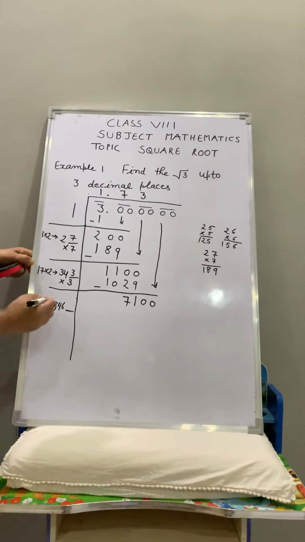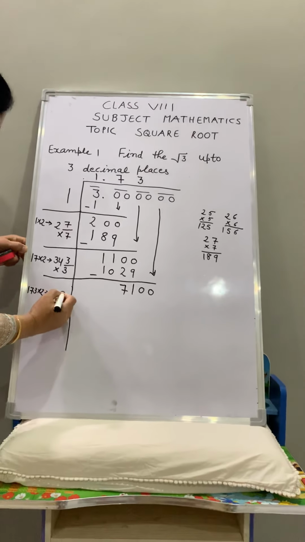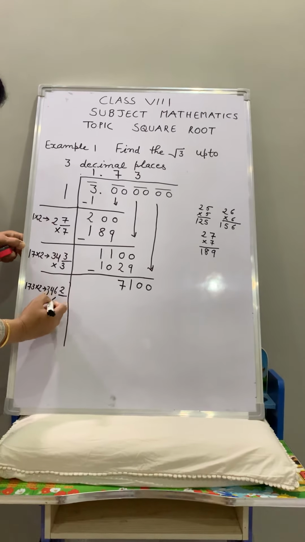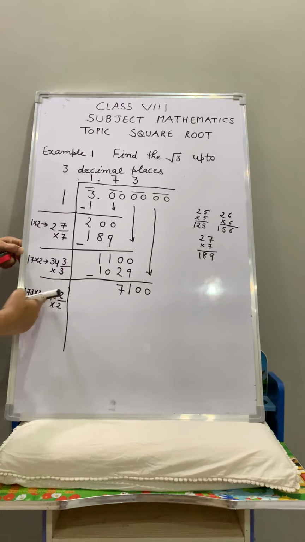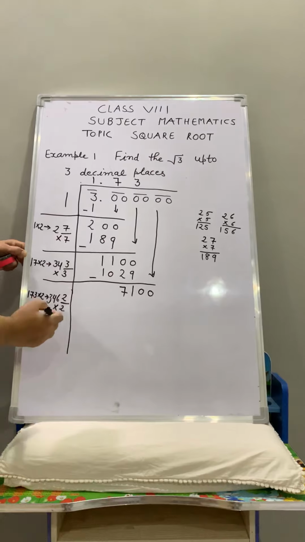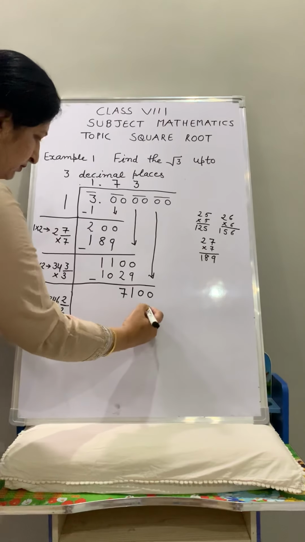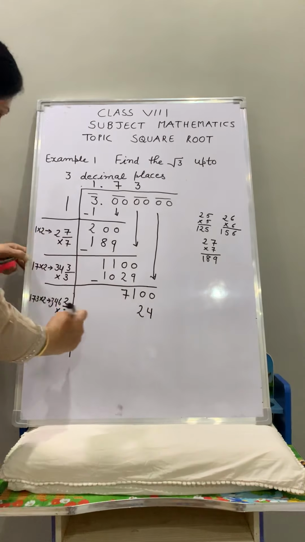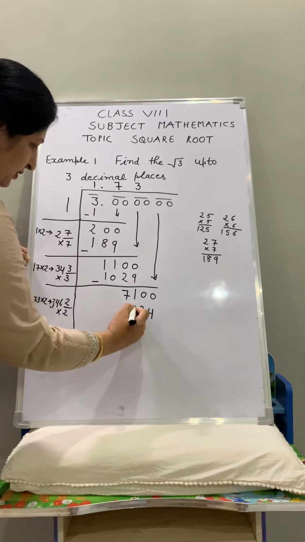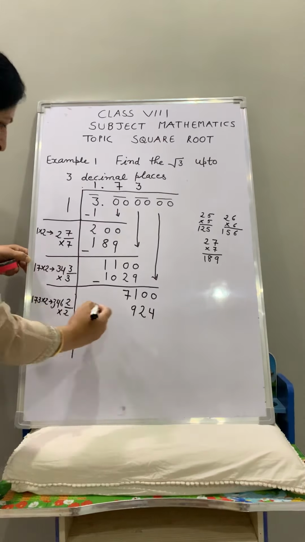We will write here 2 because 2 3s are 6. Multiply by 2. We have to observe this. 2 3s are 6, 87. Now 2 2s are 4, 2 6s are 12, 1 2 4s are 8 and 1 9, and 2 3s are 6.